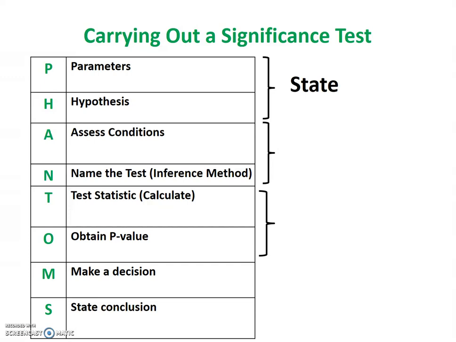Then you assess your conditions and name the test; this happens in your plan. You want to make sure you assess your conditions before you even collect your data. Then you calculate your test statistic and get the p-value. That's in the do section. And then lastly, you conclude: you make a decision about the null, and then you state your conclusion about your alternative.